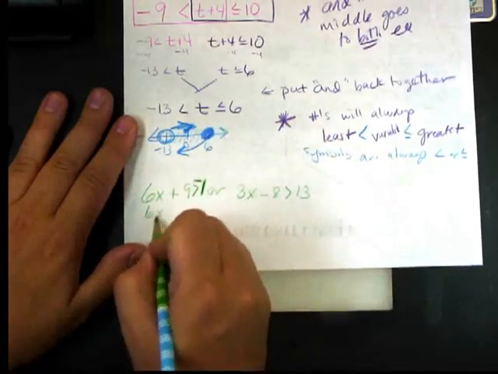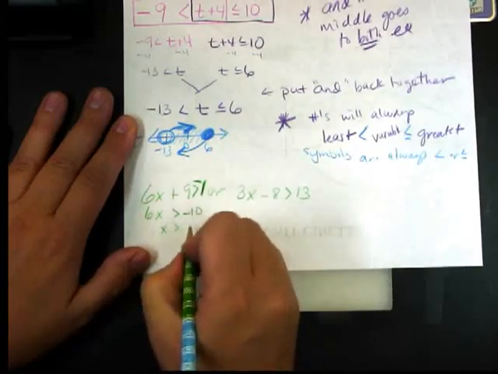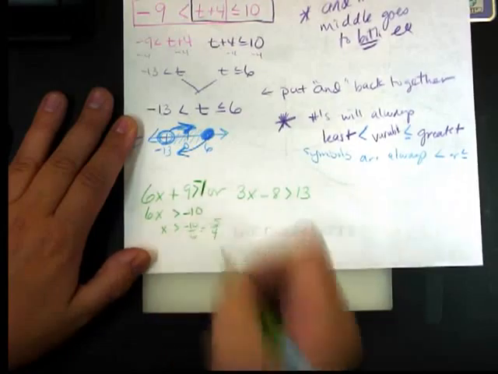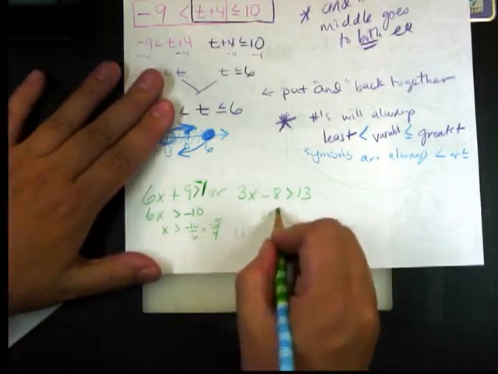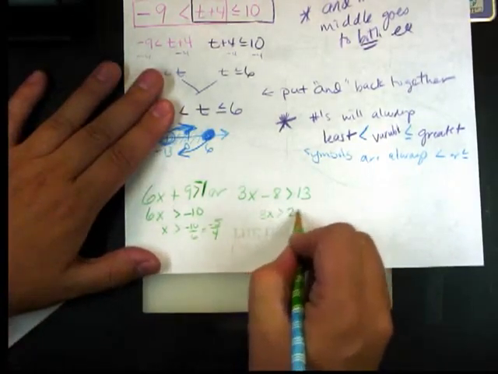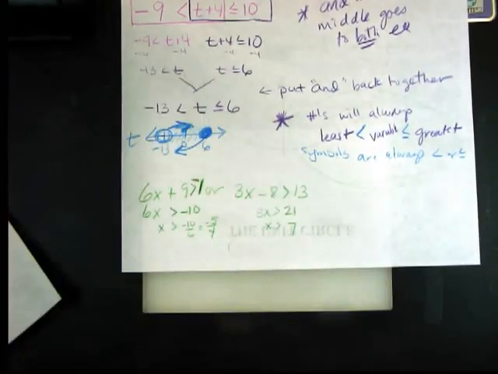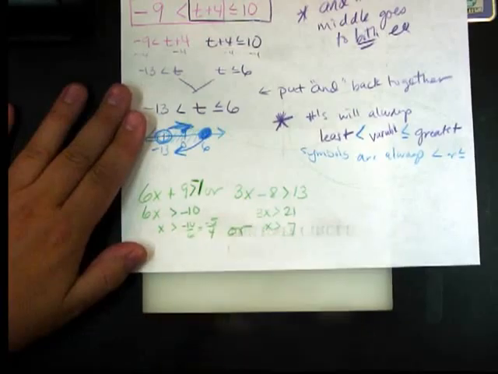Okay, so here we're going to get 6x is greater than negative 10. x is greater than negative 10 sixths, which is actually negative 5/3. Because anytime we have fractions, we want to make sure that we reduce them. All right, here we're going to get 3x is greater than 21, so x is greater than 7. Every single time you have an or problem, you better have an or in your answer. So x is greater than negative 5/4, or x is greater than 7.